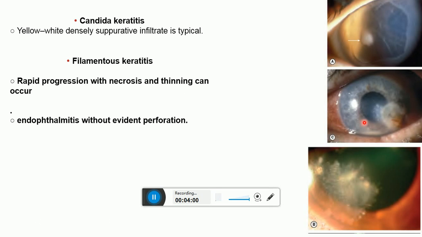There are feathery branch-like extensions on a ring-shaped infiltrate. There is rapid progression, and necrosis and thinning can occur. Penetration of intact Descemet membrane may occur and lead to endophthalmitis without evident perforation.